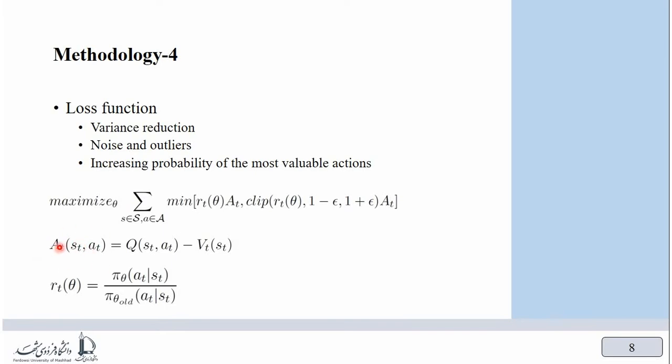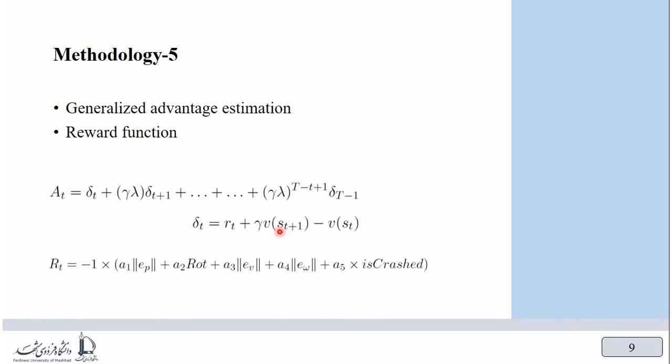As our policy is changing simultaneously, we have to weight it by an importance sampling weight, the ratio of change of our policy. In order to estimate our advantage, it's hard to calculate the Q function and value function and do the subtraction, so we use the generalized advantage estimation method to estimate our advantage function.